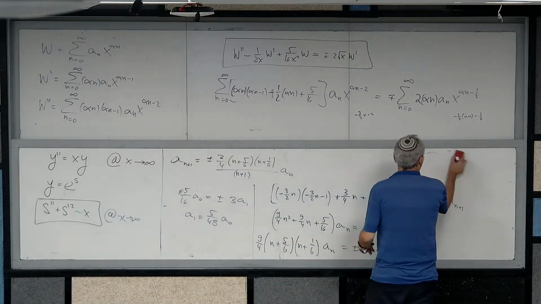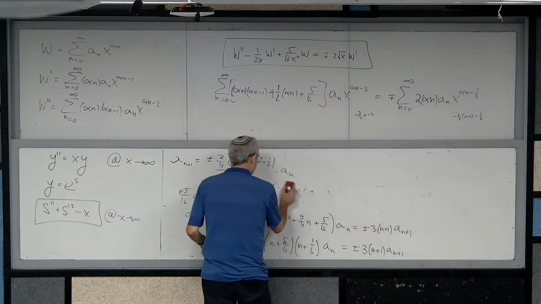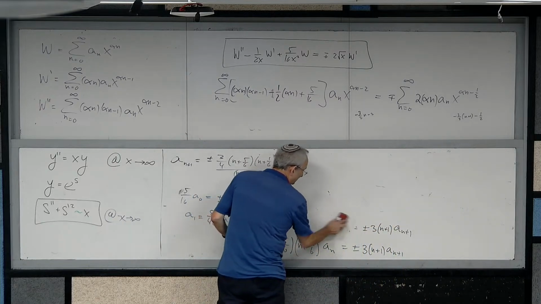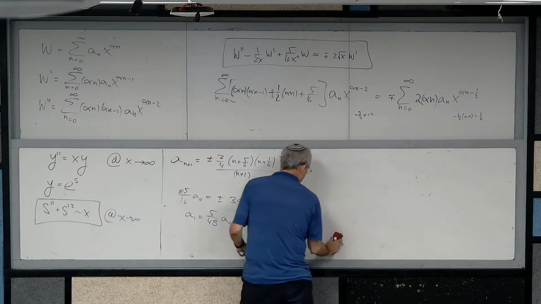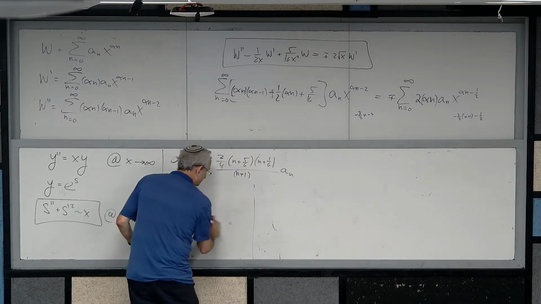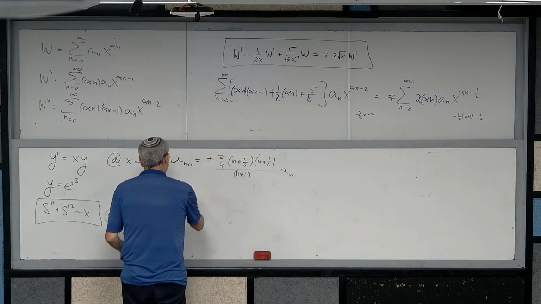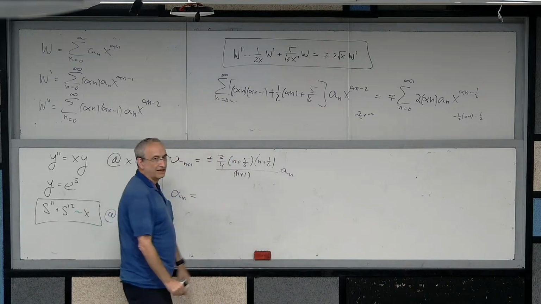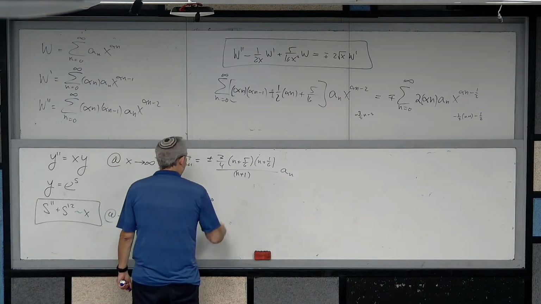Good. So what's the answer? Now I want to figure out what is the general term. So let's assume that a_0 is 1 or some constant. What will a_n be if I have a_0?